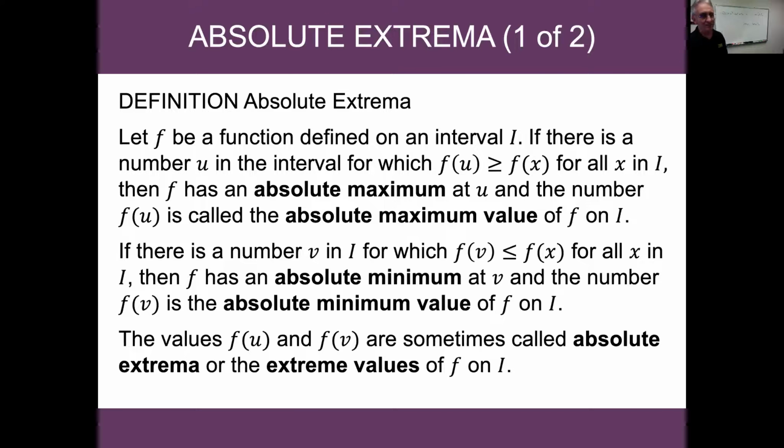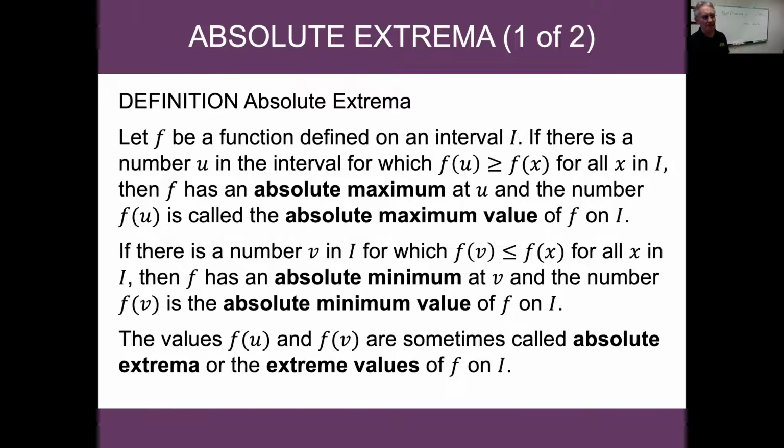So let's take on a particular interval. Let's look at the definitions they're giving. So you might want to make note of this. The absolute maximum and absolute minimum values are given there. Let f be a function defined on an interval I. If there is a number u in the interval for which f(u) is greater than or equal to f(x) for all x in I, in other words, the value of the function is bigger there than any place else in that interval, then f(u) is called the absolute maximum value of f on that interval.